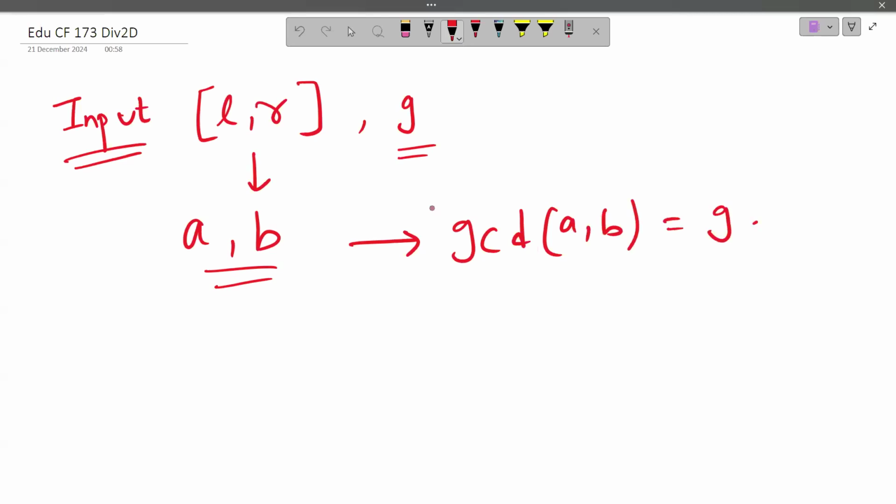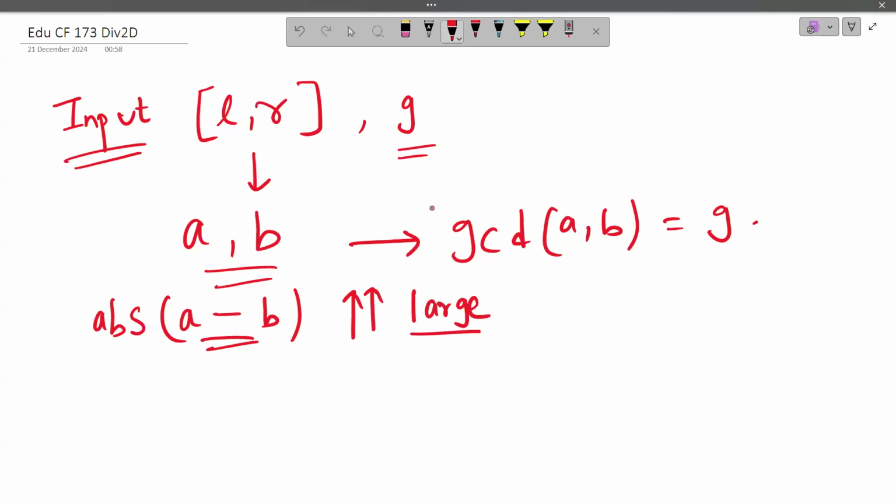And apart from that, we also have to maintain the condition that A and B are far apart. So the distance between A and B, or the absolute value of A minus B, is as large as possible. And if you get multiple such pairs where this distance is the same, then you print the one with the smallest value.